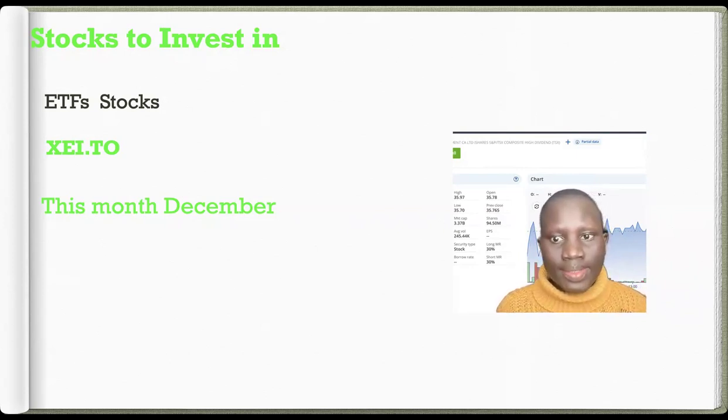XEI.TO is one of the ETFs in Canada that is cheap, so you can really acquire more shares and gain some dividend every month. It's a monthly dividend too, so it's really convenient. You can easily see how much you can get in a month.